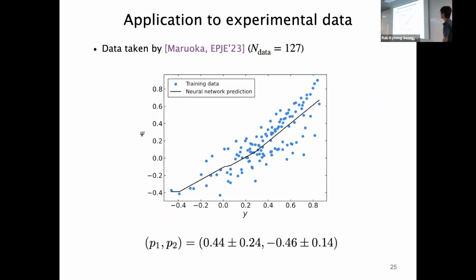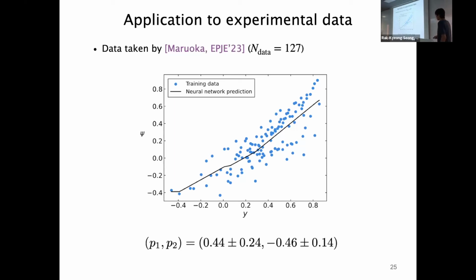And we have applied this method to the data taken by this guy who is a co-author, and he has created 127 points, which is not too many, and those are the estimated values of the parameters with some error bars.